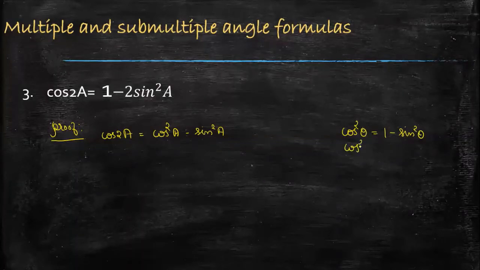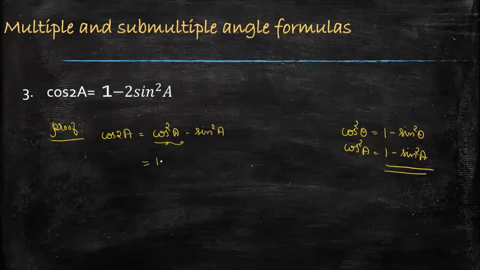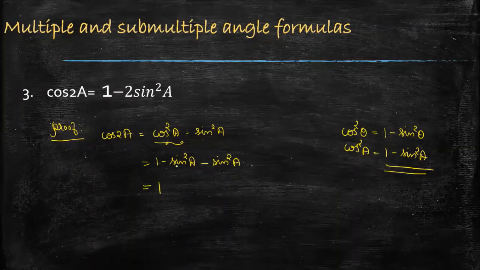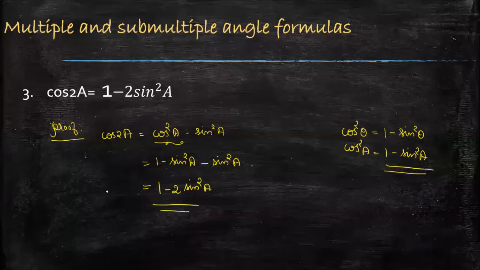In the same way, cos square A is 1 minus sin square A. So I am going to write this formula in place of cos square A, that is 1 minus sin square A, minus this term sin square A. So this will be 1 minus sin square A minus sin square A. Minus sin square A appears twice, so that will be minus 2 sin square A. So this is the proof. This is how I prove.